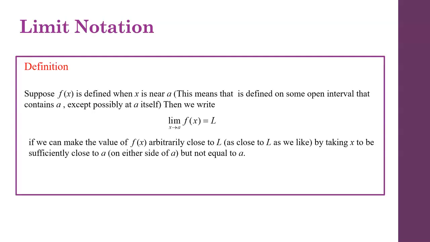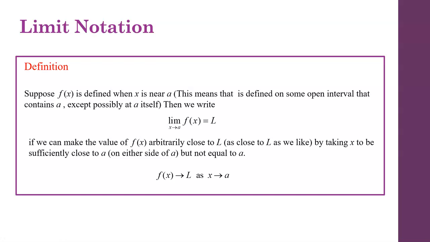As notation, this is the definition that we use. If I have a function that's defined when x is near a, so in our last problem, when my time was near 4 seconds, and my function needs to be defined in an open interval that contains a, except possibly at a itself.